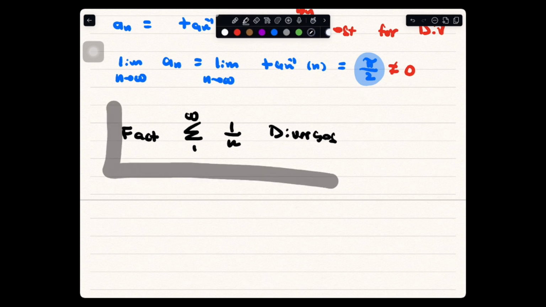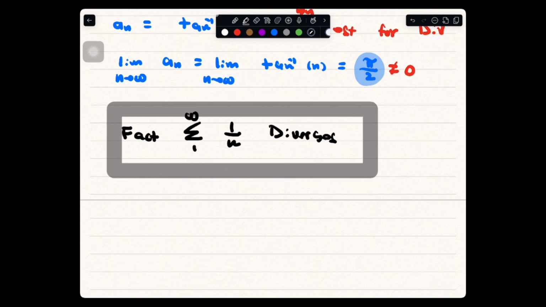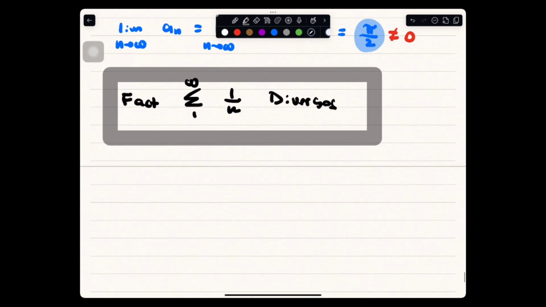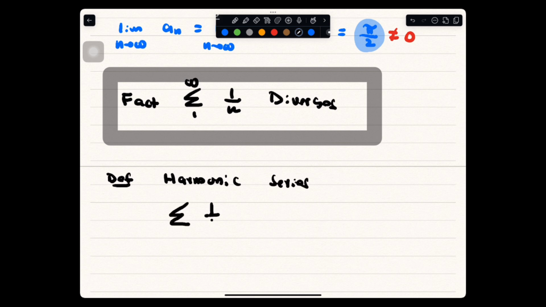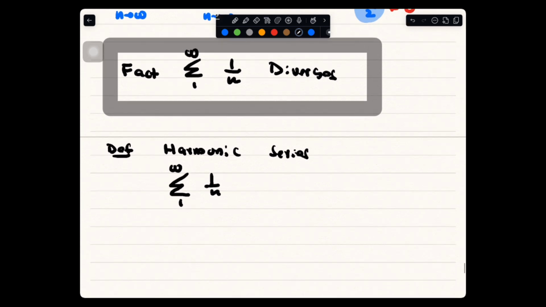And we'll see tomorrow why that diverges. But this is the very famous harmonic series. So I'm going to define that for you guys today. The harmonic series, because this series shows up in math and science all the time. It's the very famous harmonic series, and the harmonic series is a series that diverges.